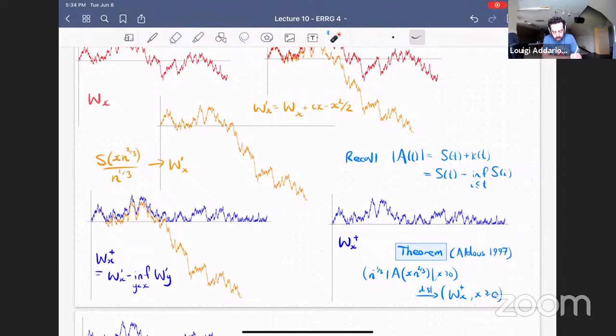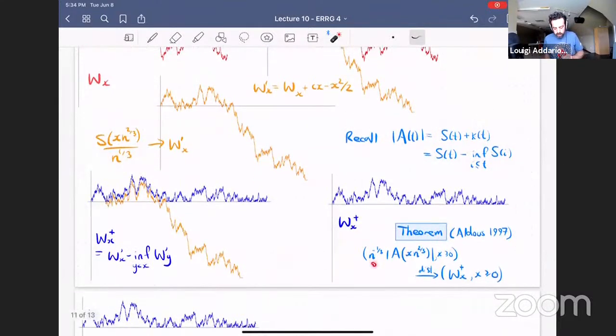Twenty-four years ago, David Aldous made that story rigorous. First, if you look at the process which tracks the number of active vertices and apply this same rescaling, x n to the 2/3 in time and n to the 1/3 in space, you converge to what is called reflected Brownian motion with parabolic drift, so Brownian motion with drift minus its running minimum. That's the first step.